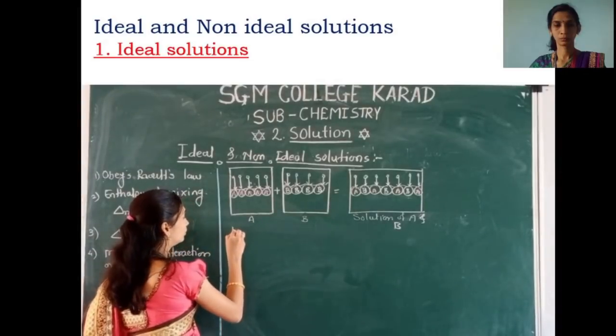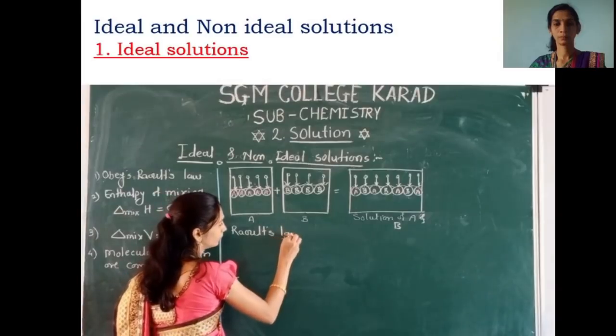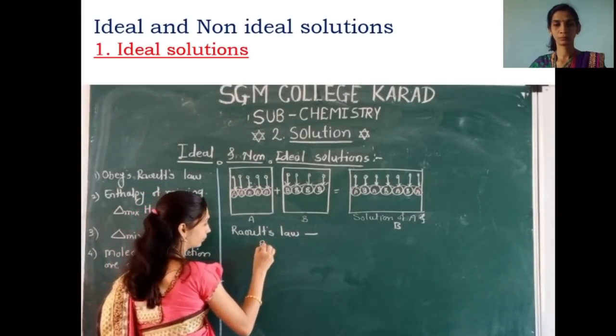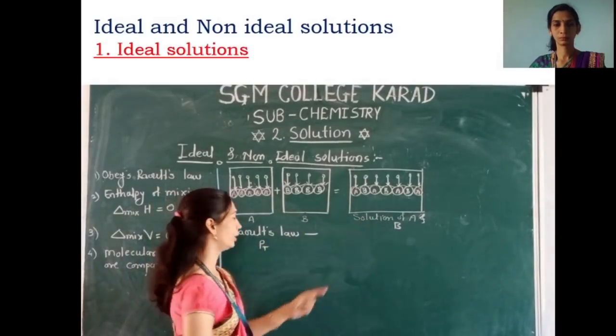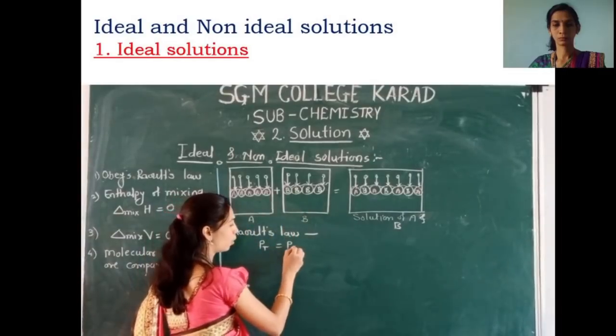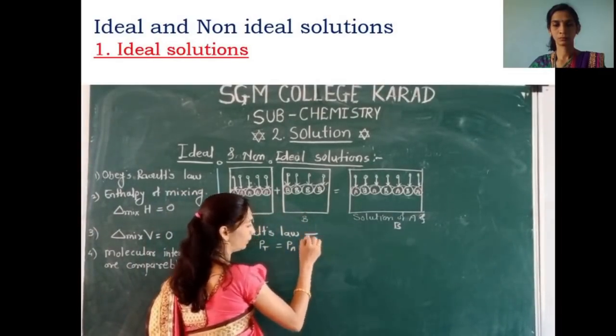According to Raoult's law, we write the total pressure of the solution is equal to the addition of the pressures of liquid A and liquid B, PA plus PB.